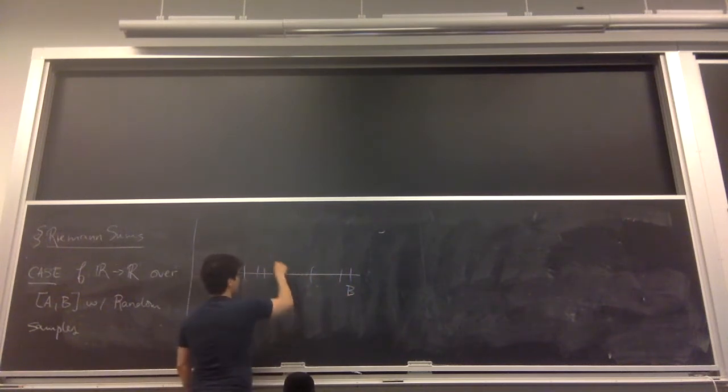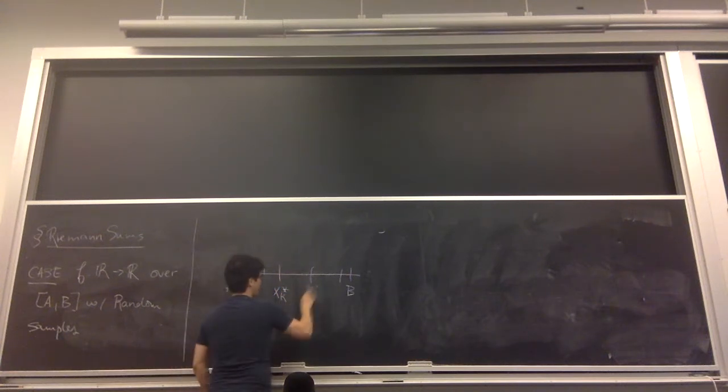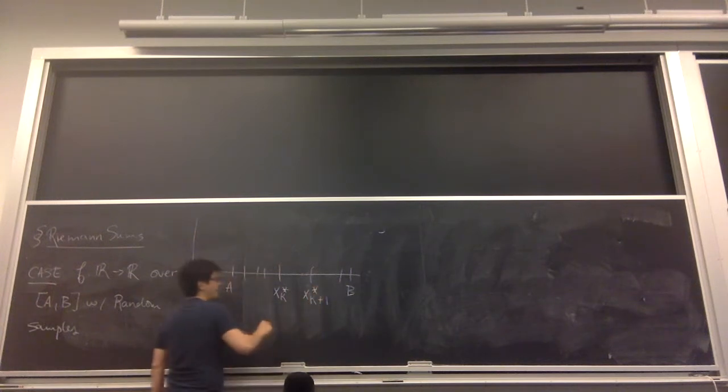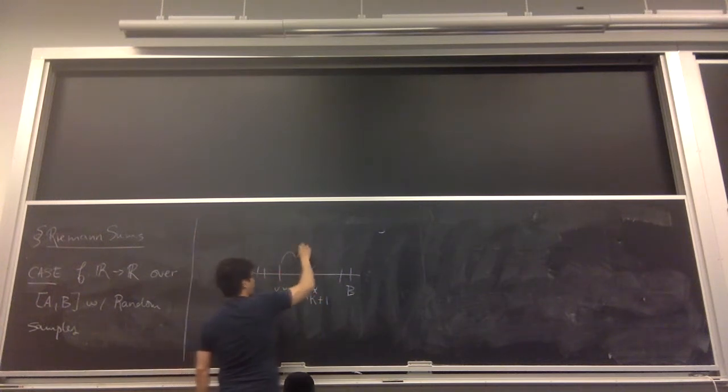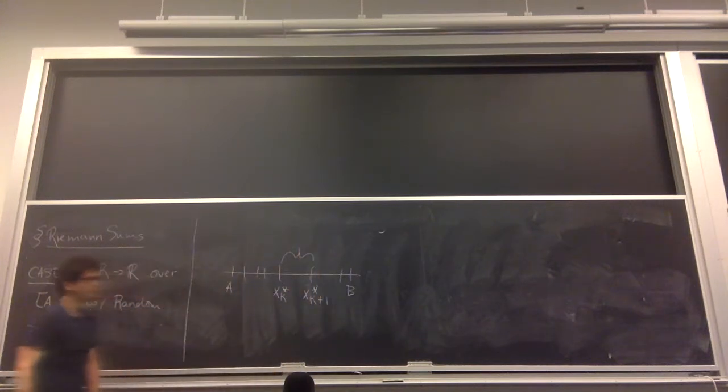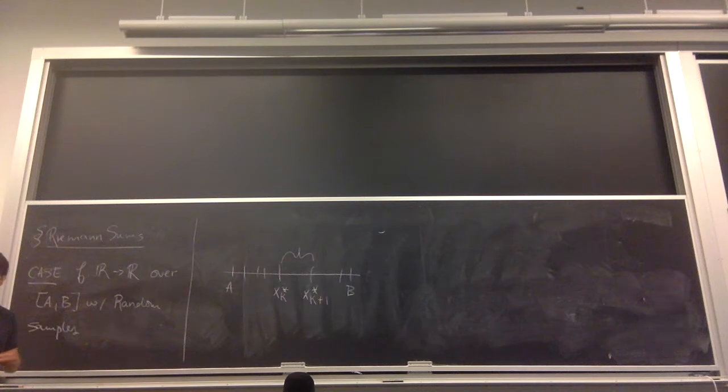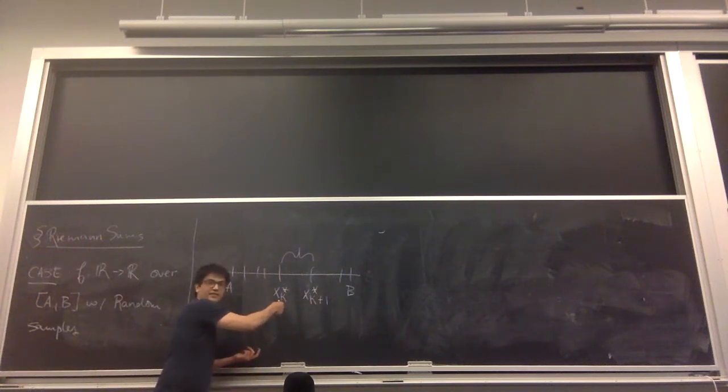So suppose I have this is x_k, and this is x_{k+1}. I need to know what the space between two sample points is. What is it? x_{k+1} minus x_k. Yeah, it's just this minus this.